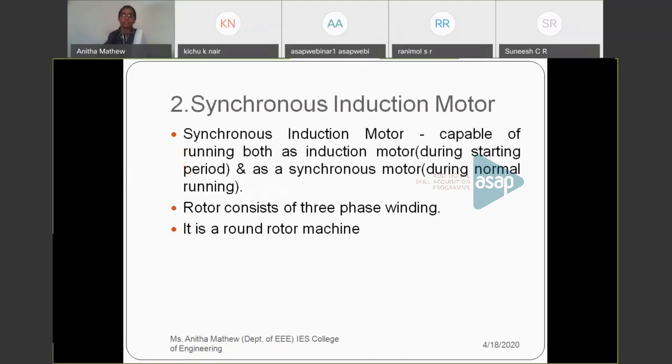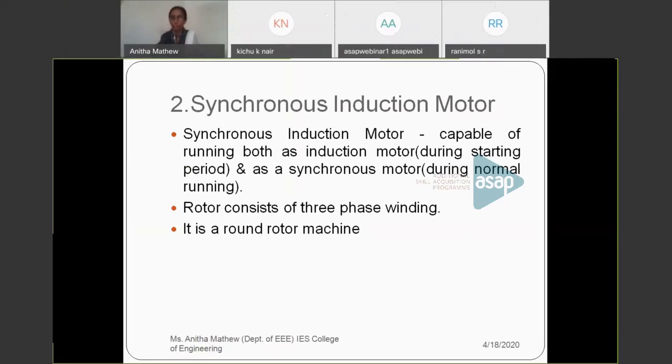Next is the synchronous induction motor. Next main topic of this module is the synchronous induction motor. As its name implies, it works as a synchronous motor as well as an induction motor.